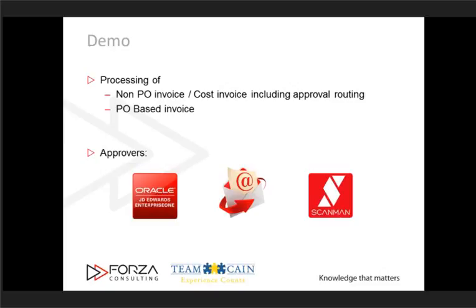These users are notified by receiving an email notification that there's invoices for them to be approved. And maybe there's also people in your organization that are never working in JDE Edwards but do need to approve invoices. And specifically for that group of users, we've designed the ScanMan mobile application, which will allow you to approve invoices from any mobile device without needing any JDE Edwards licenses.